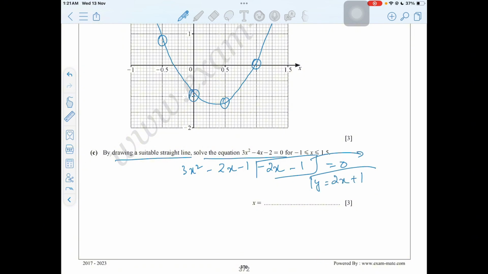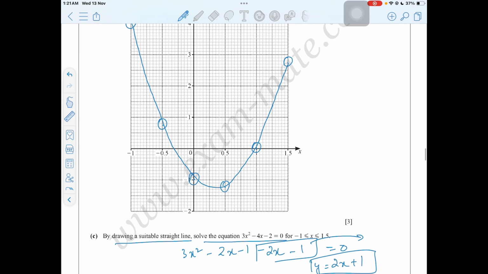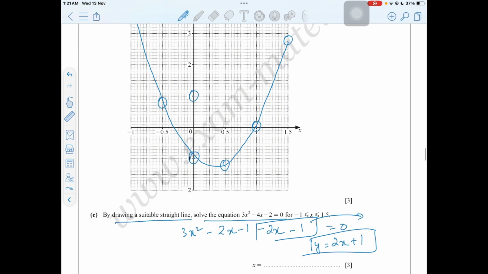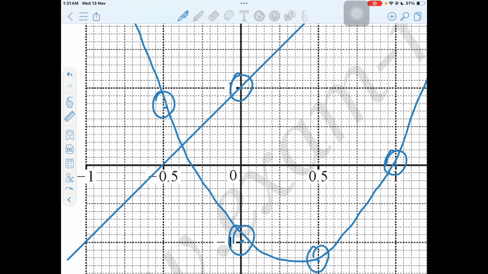We have to create a y equals 2x plus 1 line. So when x equals 0, we have y as 1. When we have x as 1, we have y as 3. Right? So let's just draw the line by joining these 2 points. Here we have a line, and this is the point.